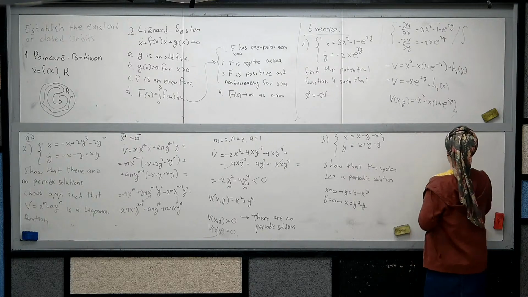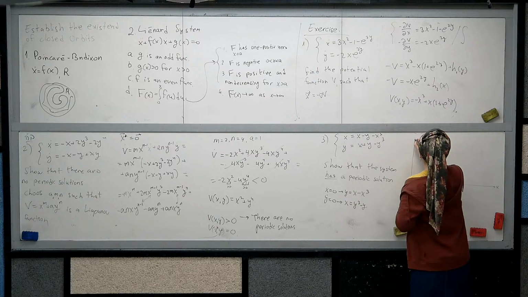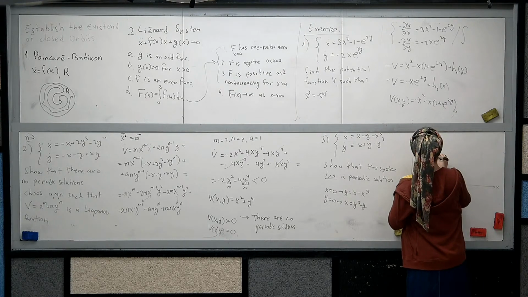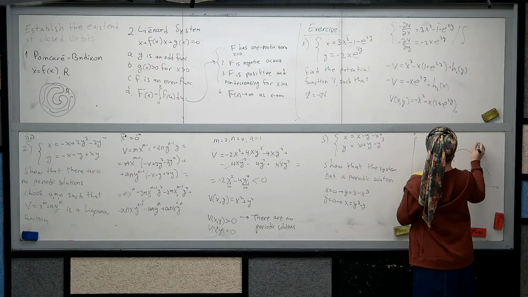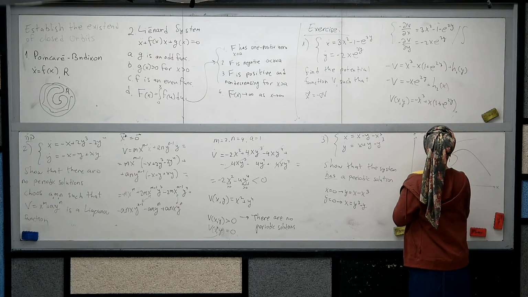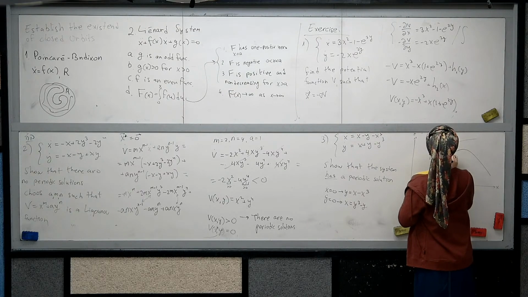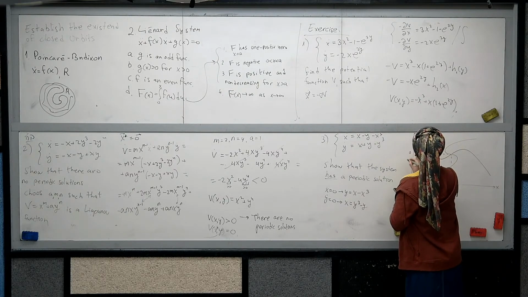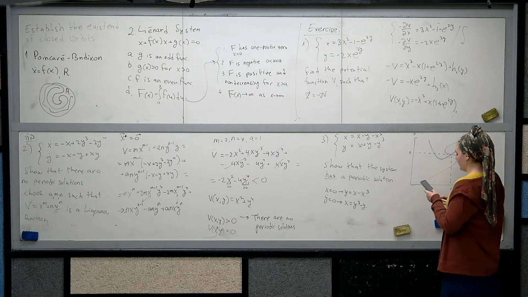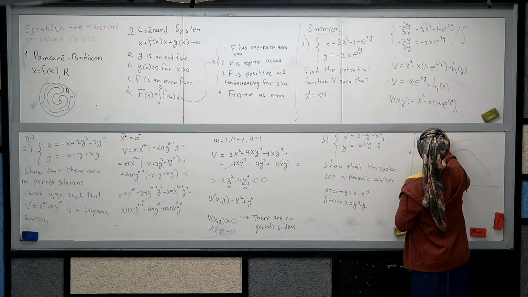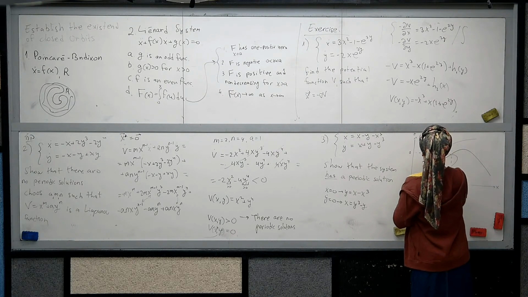So it looks like this is x and this is y. We'll have something like this. Okay, this is the 0 point. In this area we have this.